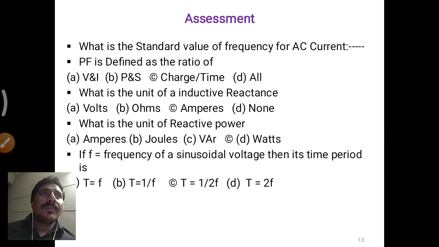Apparent power is the phasor sum of the real power and reactive power. And next, we gave the relation between all the powers. That is, apparent power S is equal to P plus jQ, so S is equal to the square root of P squared plus Q squared.